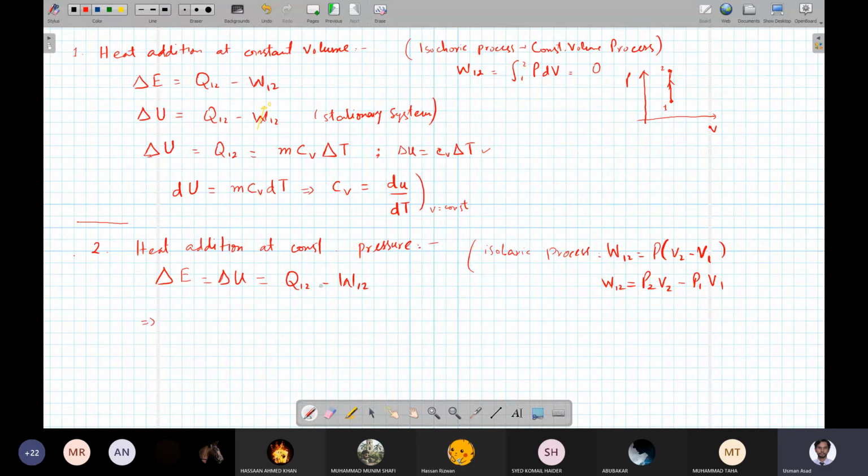So that means, if I take it on the other side, I'm going to get delta U plus W12 is equal to Q12.